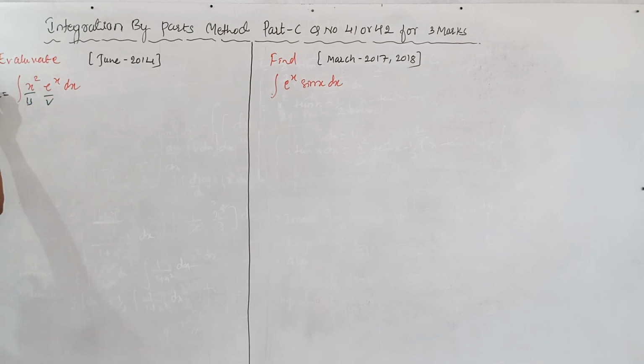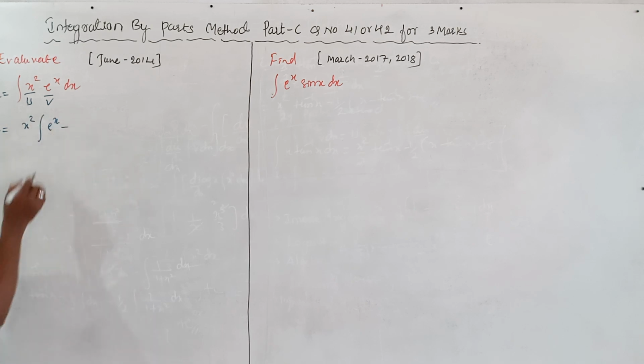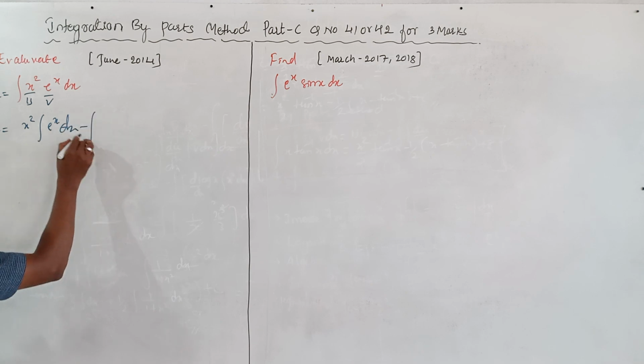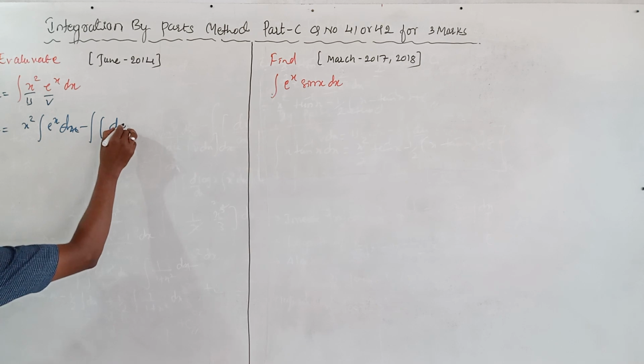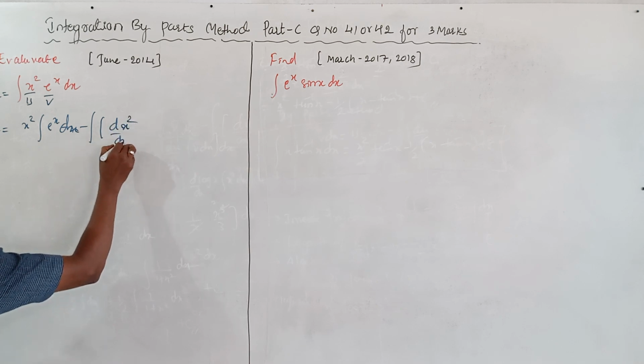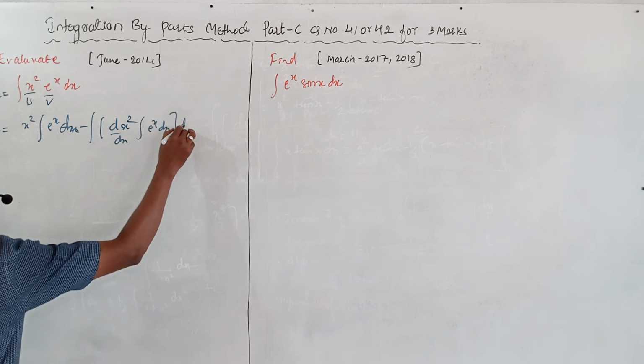Then I is equal to, write the first step of the solution. I is equal to u as it is, that is x square as it is, the integration of e raised to x dx, minus integration of the derivative of x square with respect to x, integration of e raised to x dx, whole bracket dx.